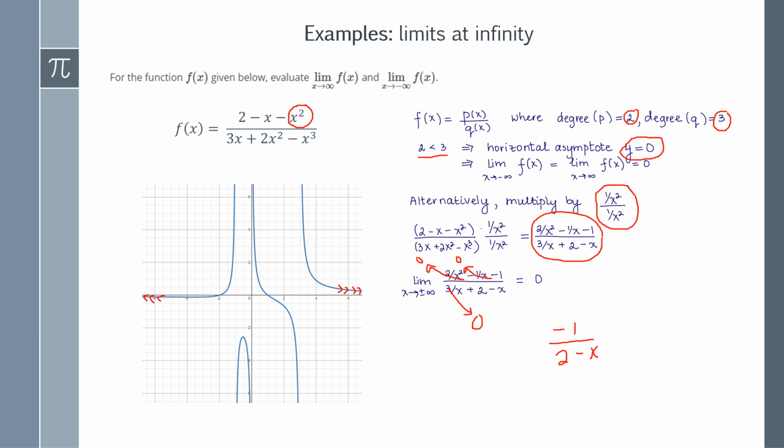Okay, that's what we have left over as x gets really, really big. But what happens now in the denominator? That's a really large number, either positive as x goes to positive infinity or negative as x goes to negative infinity. But either way, that's going to give us 0 because negative 1 divided by a large number in magnitude is going to be 0. Okay, so that's how you would approach this type of problem algebraically.